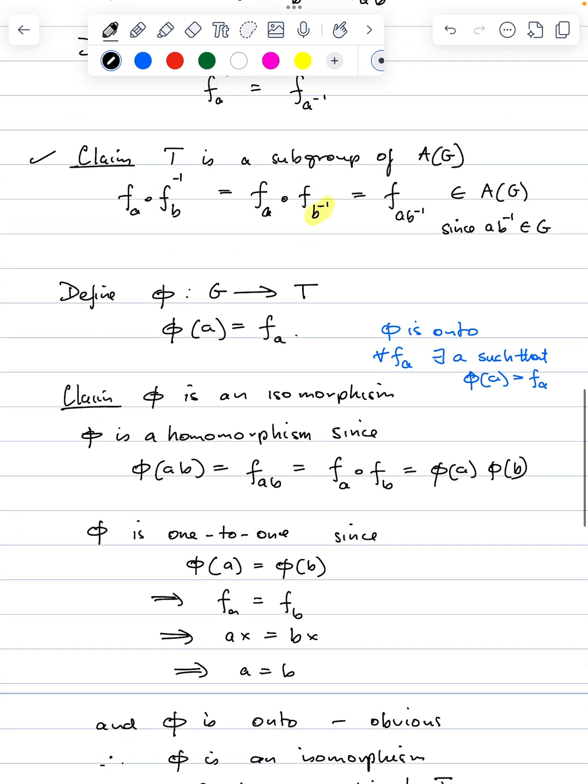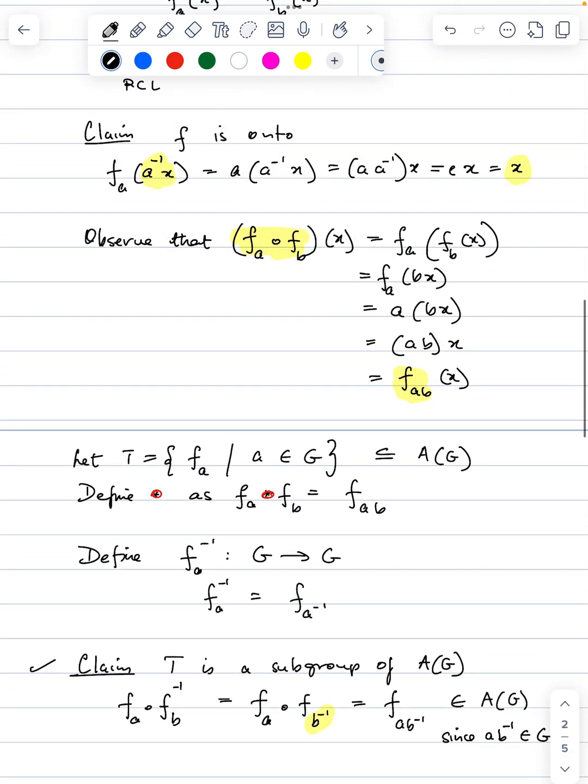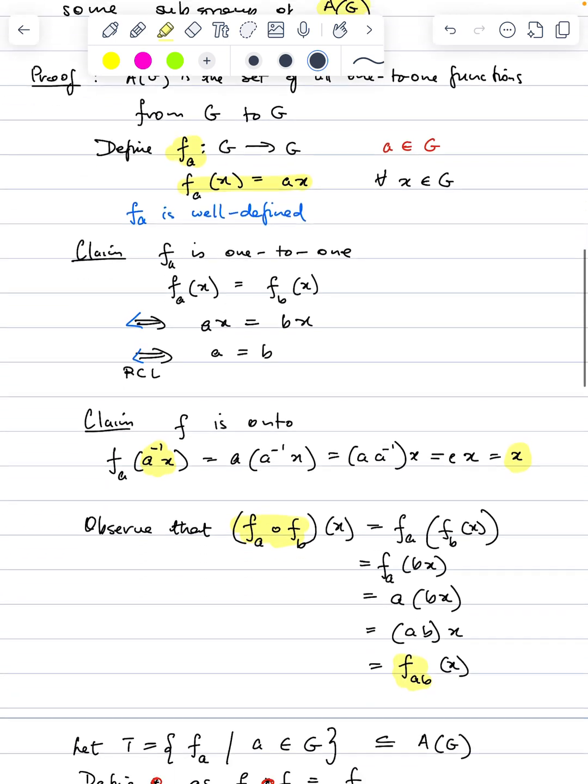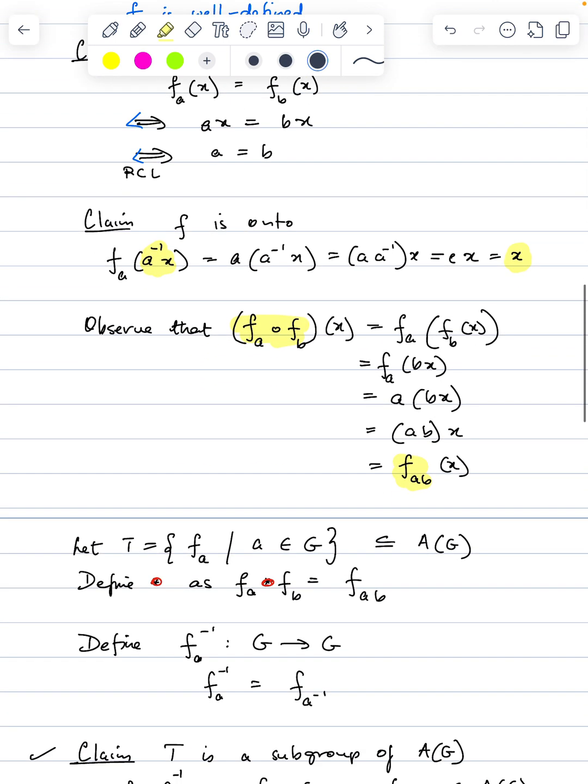So that was quite a longer proof. We began by defining this function F_A in this manner. F subscript A of X is equal to AX, and we showed that it is a bijection. It's one-to-one and onto. Then we defined F_A dot F_B in this manner.